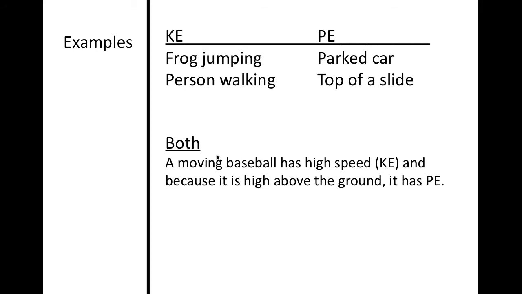But if, for example, you have a moving baseball, that is kinetic energy, but because it is high above the ground, it also has potential energy because the ball is going to be dropping down due to gravity. So you can have an object that is both kinetic because it's moving, and also potential because it is going to be falling down to the ground.